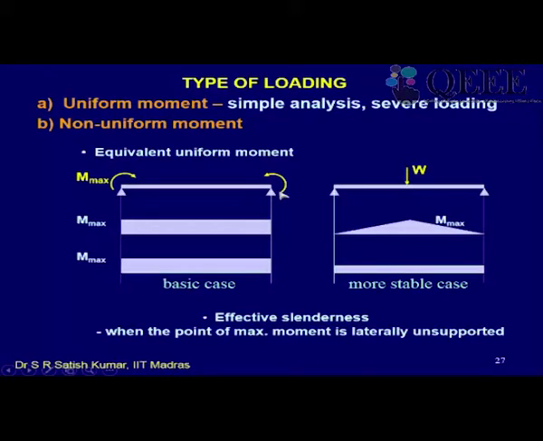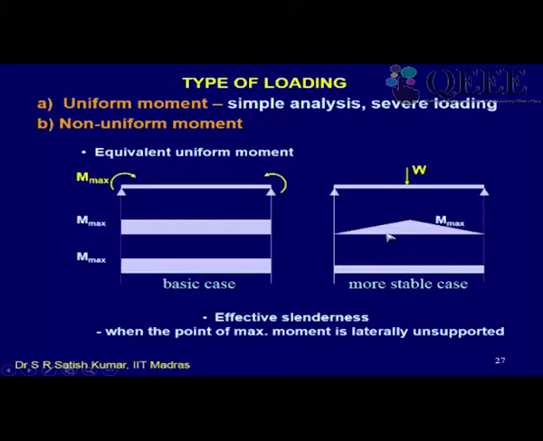So in this case, let's say I have a triangular bending moment diagram for a point load here, this will be WL by 4, right? M max will be WL by 4, and if I apply M max to a beam, it will buckle, as per the basic case, at some M critical. Now that M critical will be slightly higher for this beam because these sections are not subjected to M max.